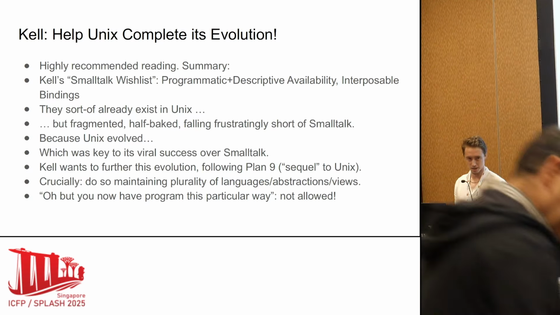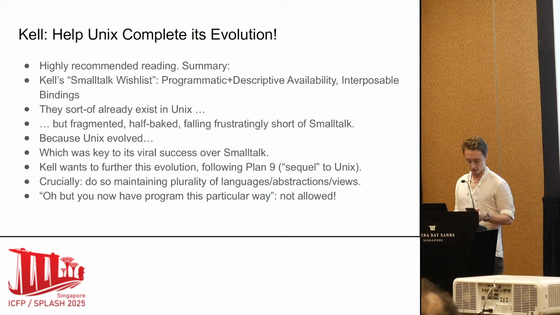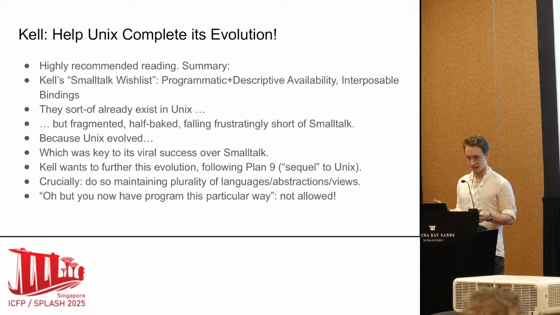But to Stephen, Unix's evolutionary character is precisely the reason why we all use Unix far more than elegantly designed Smalltalk. He concludes by sketching various ways to continue to evolve these half-baked Smalltalk features towards their fully baked versions, without leaving Unix, and crucially, without requiring anyone to program in a particular way, such as by importing Smalltalk's class hierarchy or by mandating a particular language.